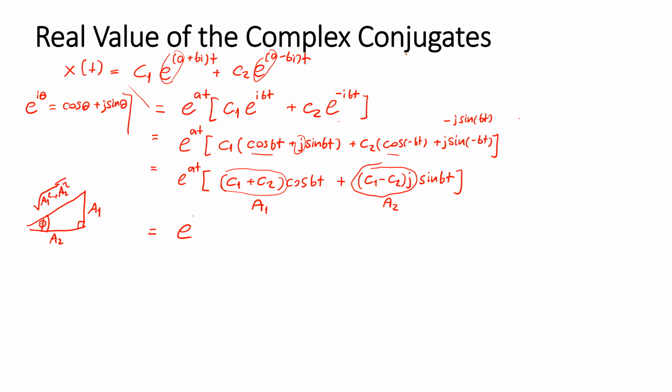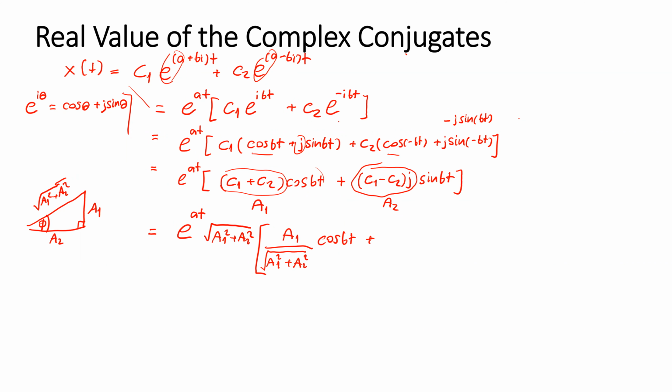What about I multiply this by the square root of A1 square plus A2 square, and I divide by the square root of A1 square plus A2 square, and still keep the cosine.